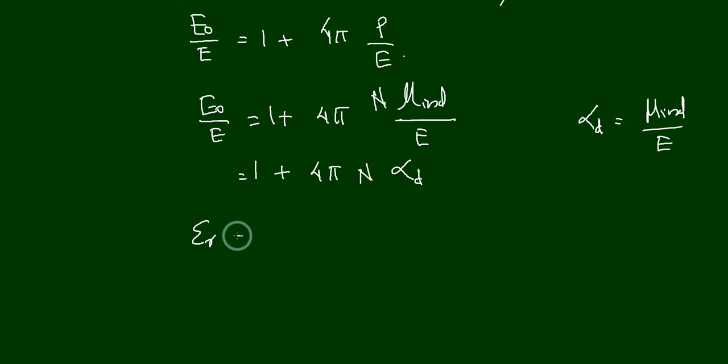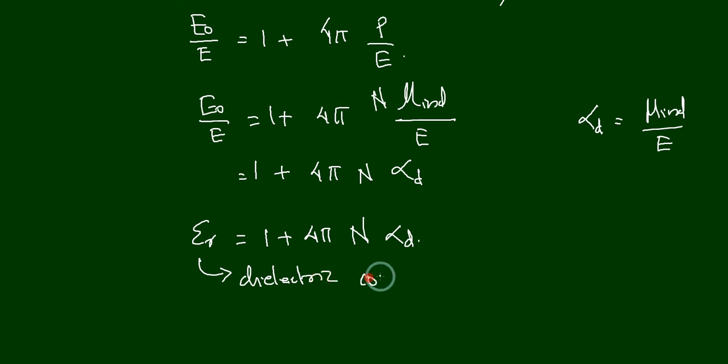Epsilon r is equal to 1 plus 4 pi n alpha d. So we have a new expression for the dielectric constant. And dielectric constant epsilon r is equal to E0 divided by E.